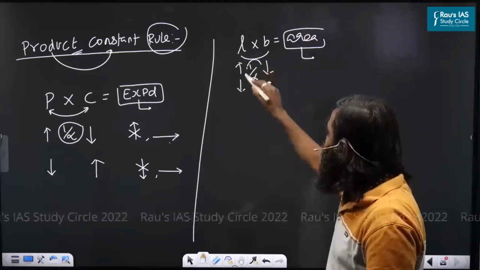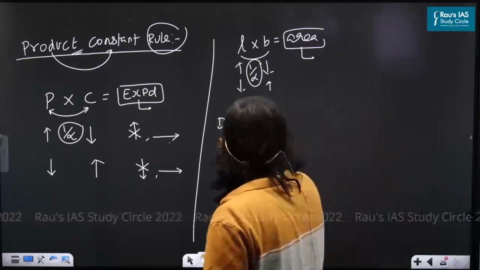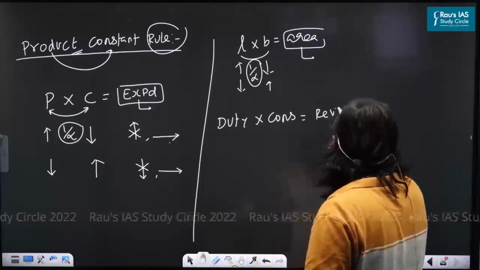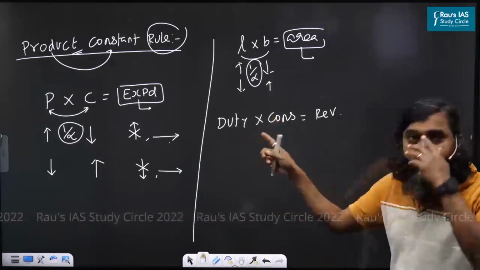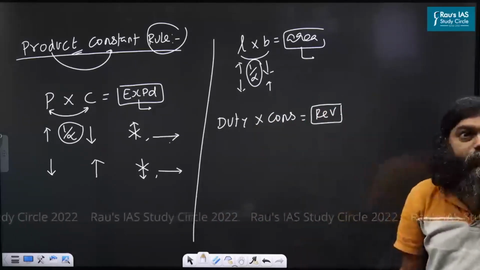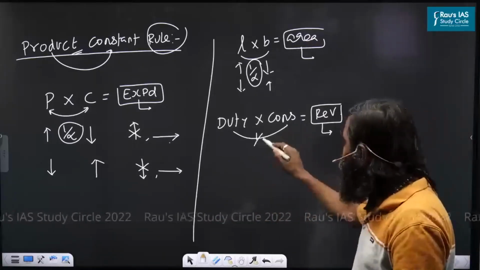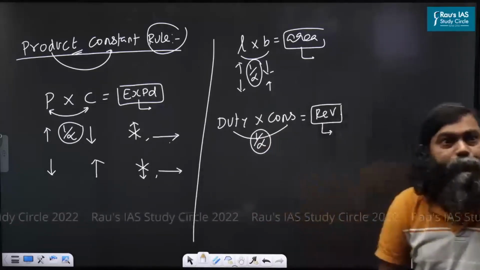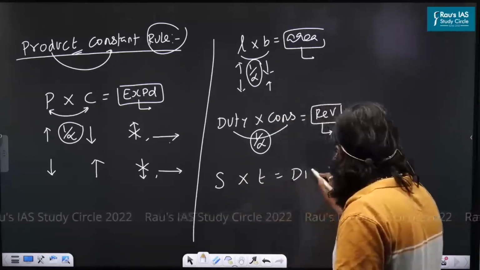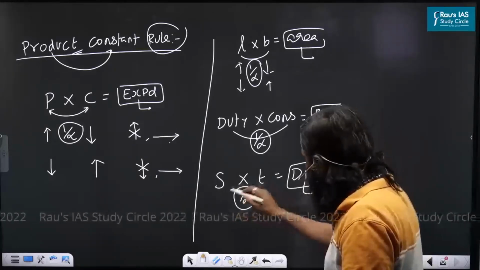Both are inversely proportional. Duty into consumption equals revenue. Multiplying duty and consumption, my answer is revenue. Revenue is the product. If the revenue is constant, then duty and consumption are inversely proportional. Speed into time equals distance. If distance is constant, then speed and time are inversely proportional.